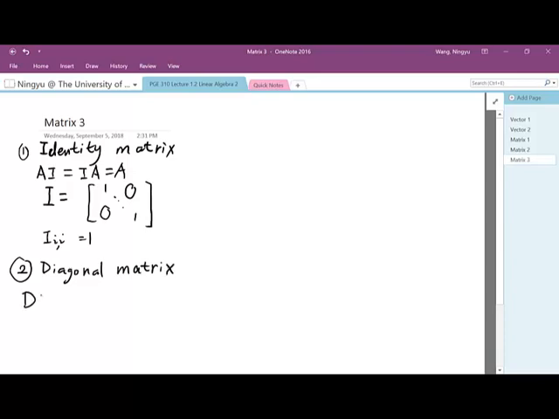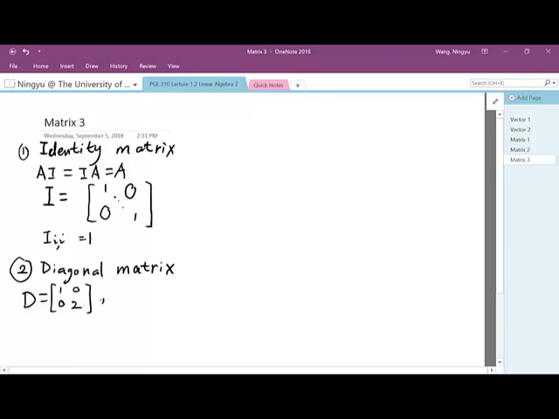One example can be this, a diagonal matrix where the elements on the major diagonal are 1 and 2.